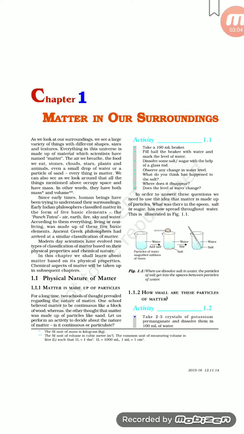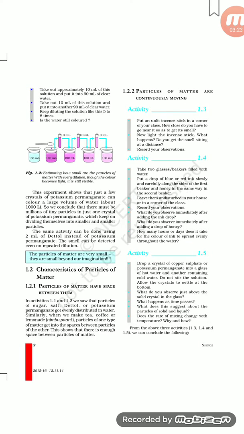So in solid, the molecules or atoms or particles are very closely or tightly packed, right? So this is solid. And the space between them is known as intermolecular space.